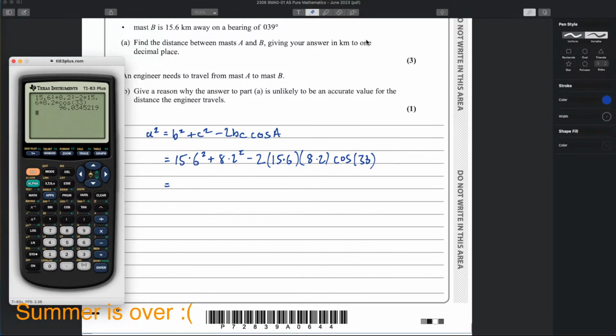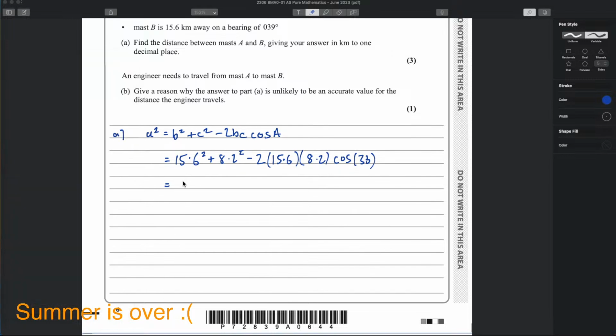It says give your answer to one decimal place, so 96.0, I guess. 96.0 kilometers, and we should use an approximation symbol because we rounded that off. Remember, if it says to one decimal place, always write the 0.0.